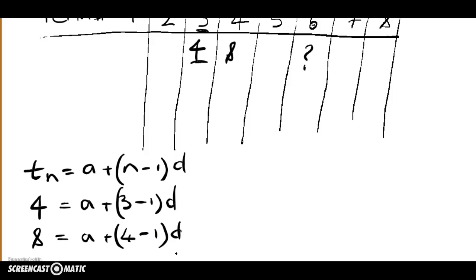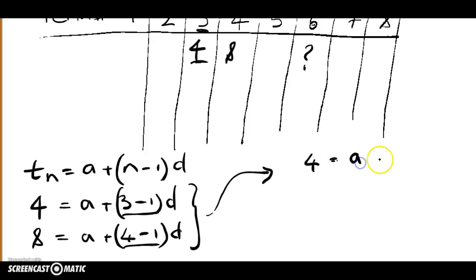Okay, so I'm almost there. I'm just going to rewrite these two equations, but I'm going to do the subtraction in both cases. So I'm going to say 4 equals a, 3 minus 1 is 2, plus 2d. And over here I'm going to write 8 equals a plus 3d. Just did 4 minus 1 and multiplied it by d.